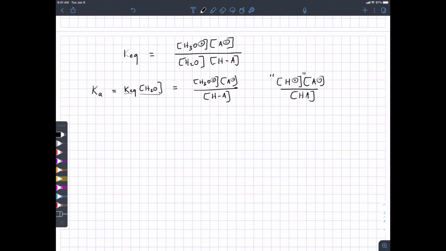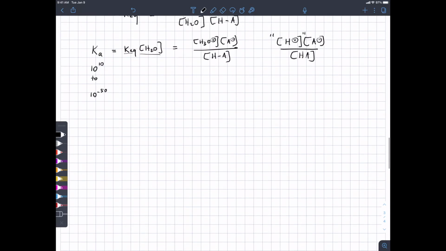However, these numbers vary wildly. The number can be something like 10 to the 10 or 11 all the way down to 10 to the minus 50. And that's quite a large range, and we are lazy and don't like to use scientific notation if we can avoid it. So we will do something to this Ka to make it a little bit easier for us to deal with.